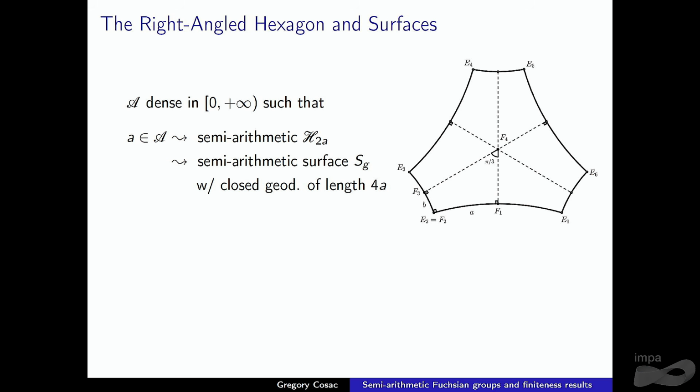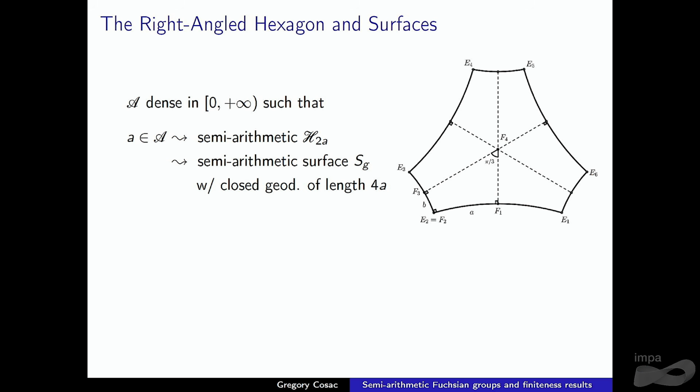right-angled hexagon, and that's because we can tile this polygon by the tri-rectangle. This is the tri-rectangle that we had in the previous slide, and this is a right-angled hexagon with 3 non-adjacent congruent sides.